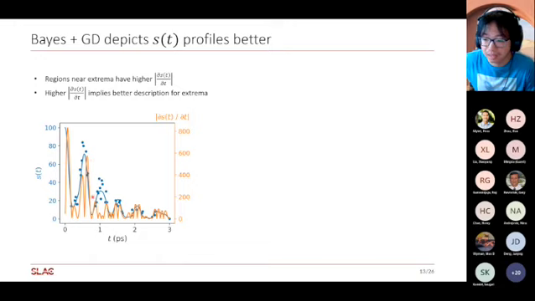Since the regions near the extremes typically have higher absolute values of ds/dt, if one strategy gives you a higher average of this value, it means the suggested measurements appear more frequently near the valleys and the peaks.